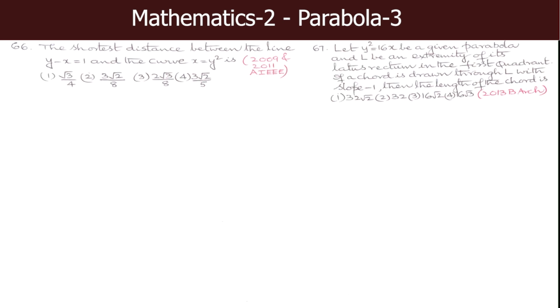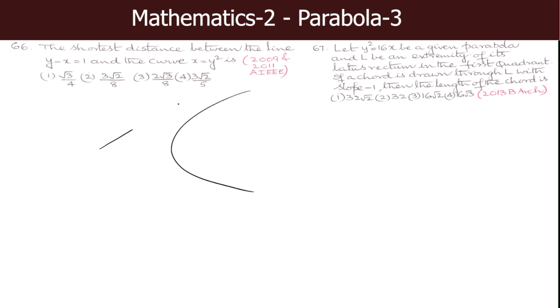Next, the shortest distance between the line y minus x equal to 1 and the curve x equal to y square is. What is the shortest distance between the line y minus x equal to 1 and the parabola x equal to y square?